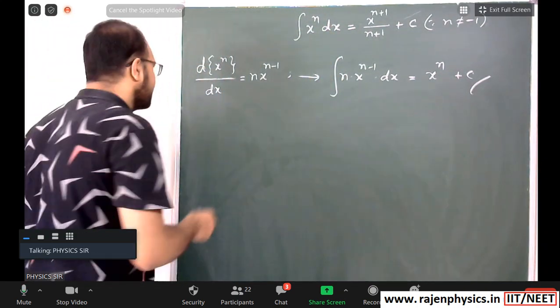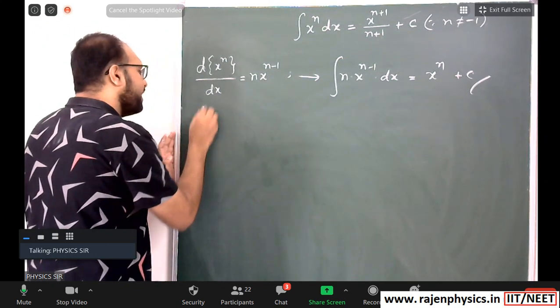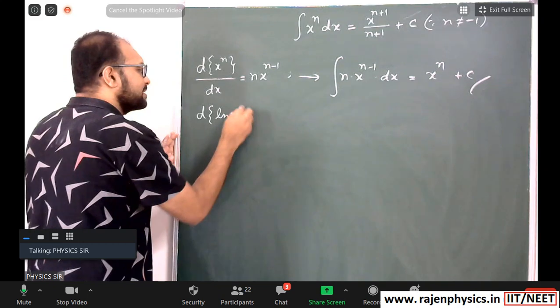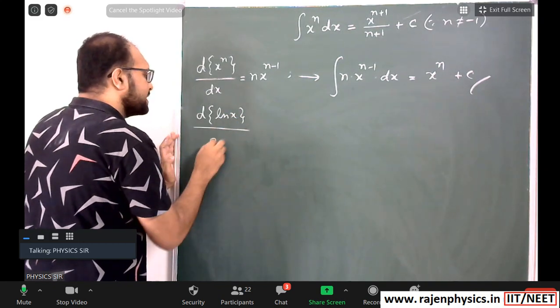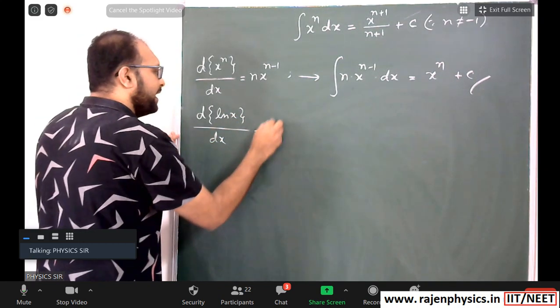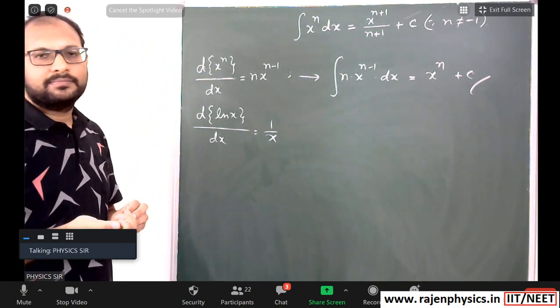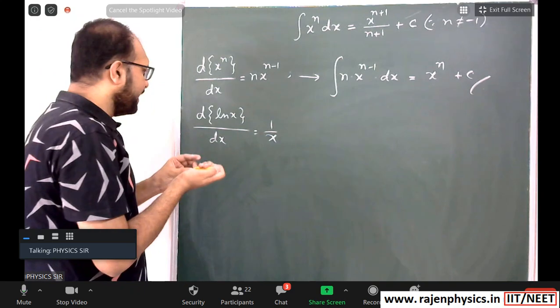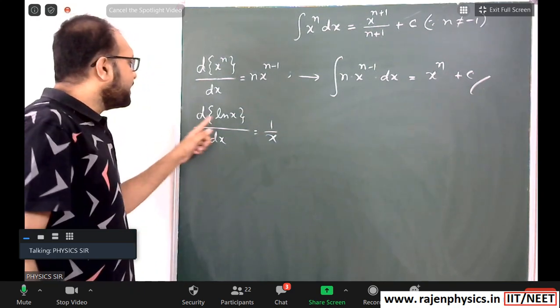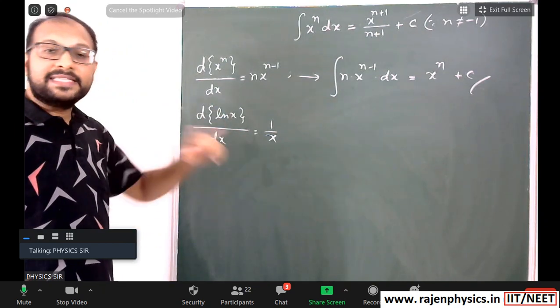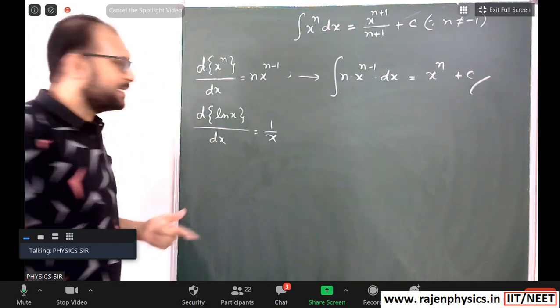Same now, some more function derivatives. The derivative of ln x with respect to x is 1 by x. So students, the derivative of ln x is 1 by x in the basic differentiation functions completed.